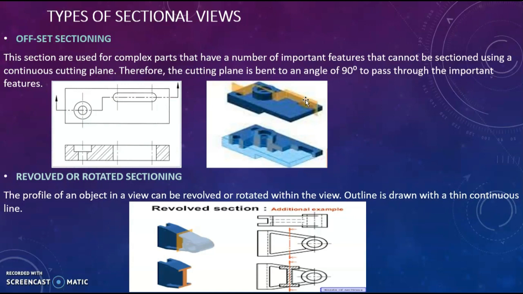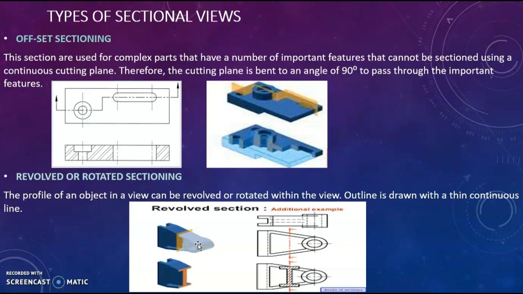Now let's look at the revolved or rotated sectioning. For this type of sectioning, the profile of an object in view can be revolved or rotated within the view. The outline is shown with a continuous line. So that's the part of the revolved or rotated sectioning.